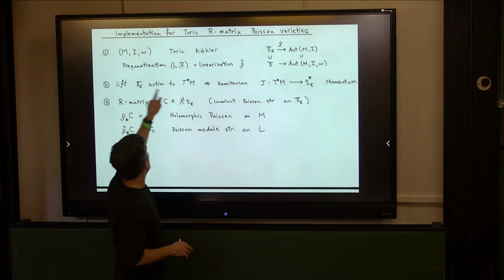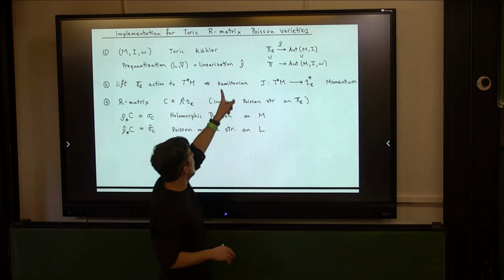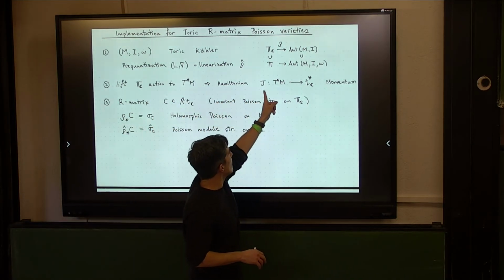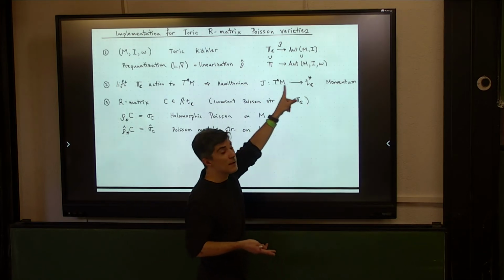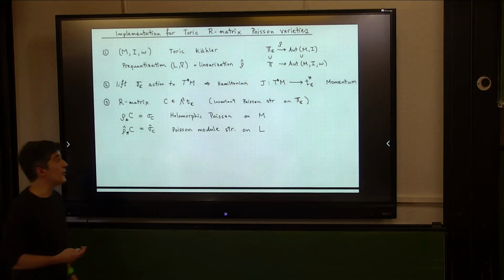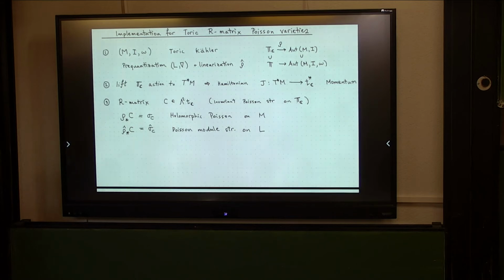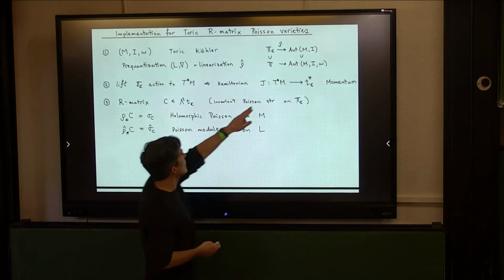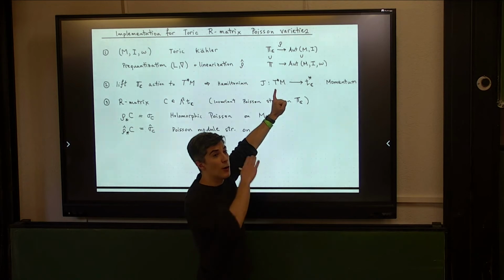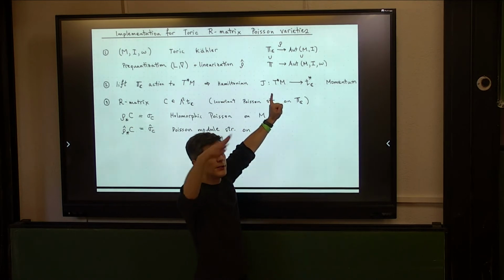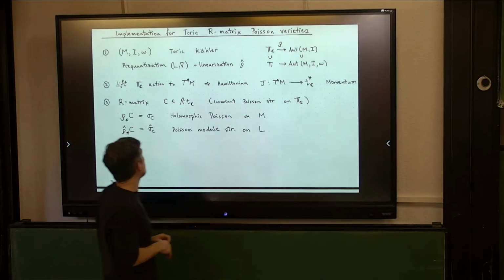And so that means that the complex torus action gives us a moment map on the cotangent bundle, which is a holomorphic moment map for a holomorphic action of C star to the K. So we get this momentum map. This is going to be important because we're going to use the fibers of this holomorphic moment map as our holomorphic Lagrangian polarization. That's what we're going to use this for.